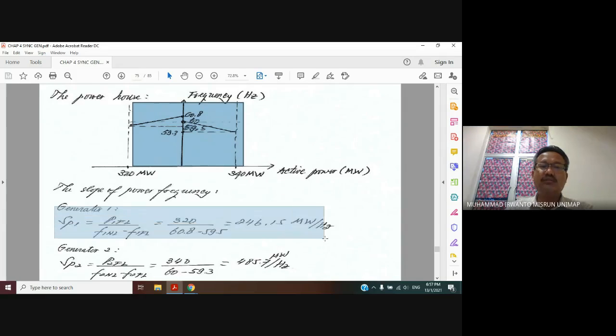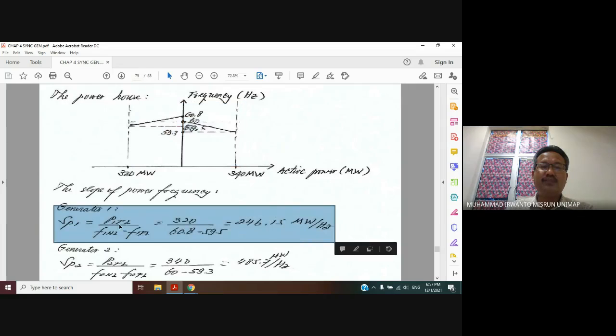So the slope of power frequency for generator 1 is given by full load power divided by no load frequency minus full load frequency. So full load power is 320 megawatt divided by 60.8 minus 59.5. So we have the slope of power frequency for generator 1 is 246.15 megawatt per hertz.